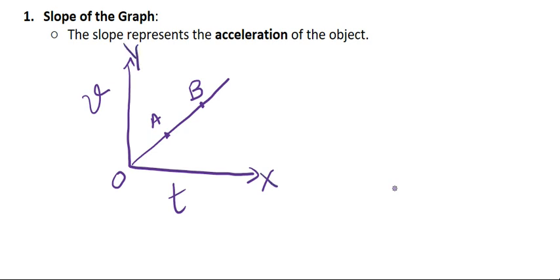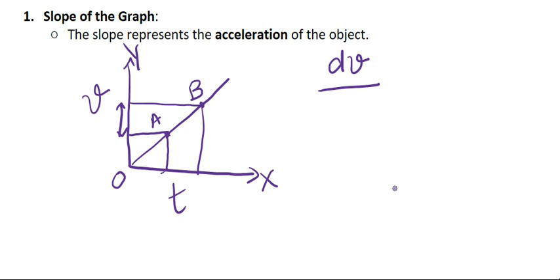Now on this graph, we draw a horizontal line from the velocity axis at point A, another horizontal line at point B from the velocity axis, and also drop these vertical lines. So this portion along the y-axis gives us a change in velocity. Say we represent it by dv.